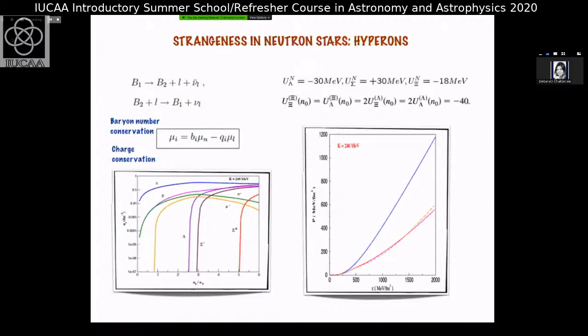In this case, once hyperons appear, the pressure is decreased due to additional degrees of freedom appearing, and therefore there is a reduction in the pressure, or a softening of the equation of state. However, the uncertainty in such models is the interaction potential between the nucleons and the hyperons, or the hyperons amongst each other.